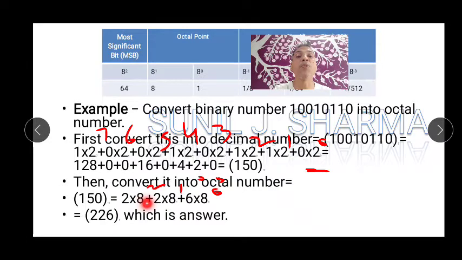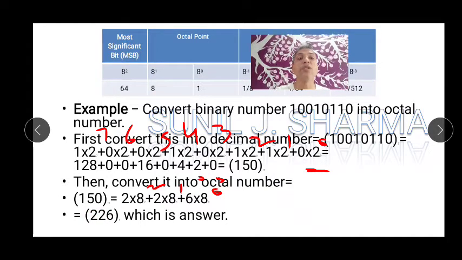This will be 64 into 2, 128, plus whatever the number. I think they have not shown you the expansion method. So when you see this total, you will be getting 226. I think this is a long cut method.